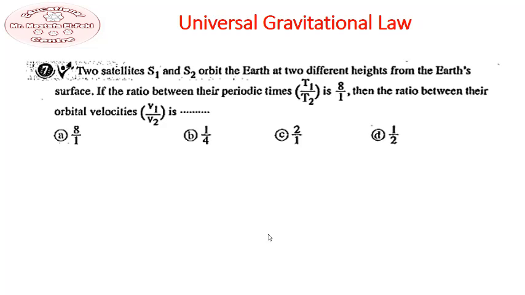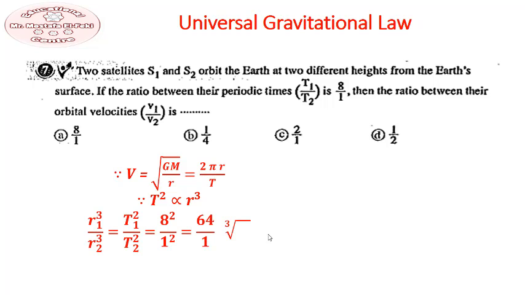Two satellites S1 and S2 orbit the Earth at different heights from the Earth. If the ratio between their periodic time T1 over T2 equals 8 over 1, then the ratio between their orbital velocity. At first, the relation between the periodic time and the radius is T to the power 2 proportional to cubic radius. Then the cubic radius 1 to cubic radius 2 will equal 64 divided by 1.